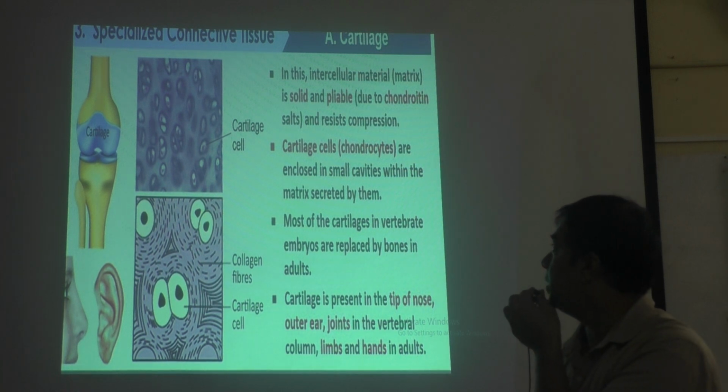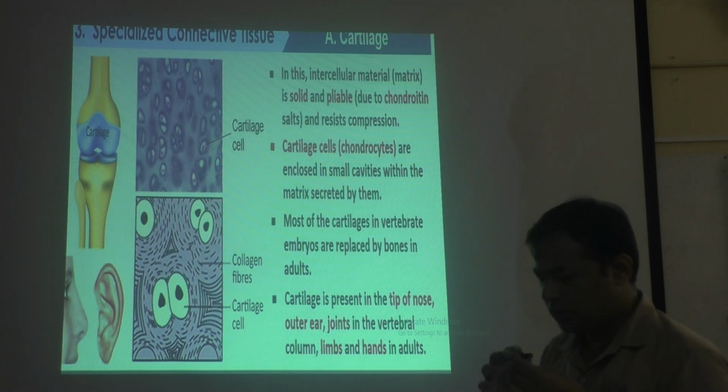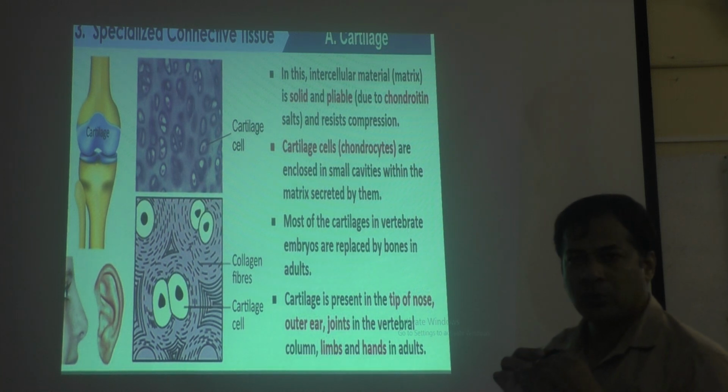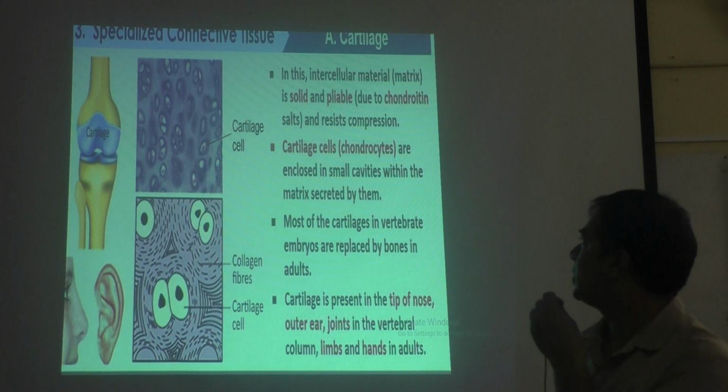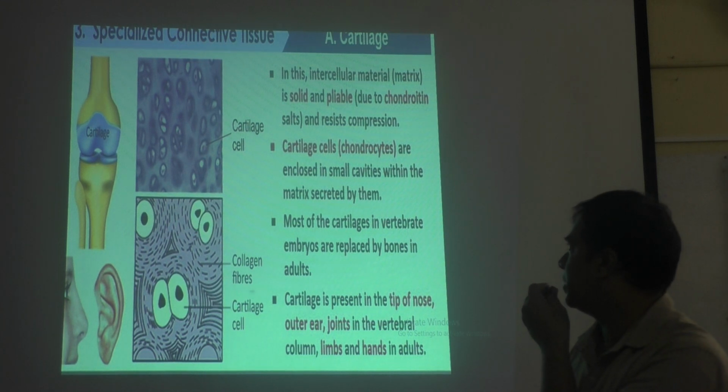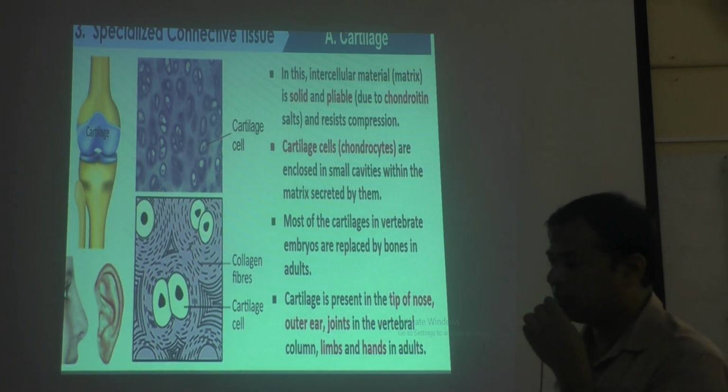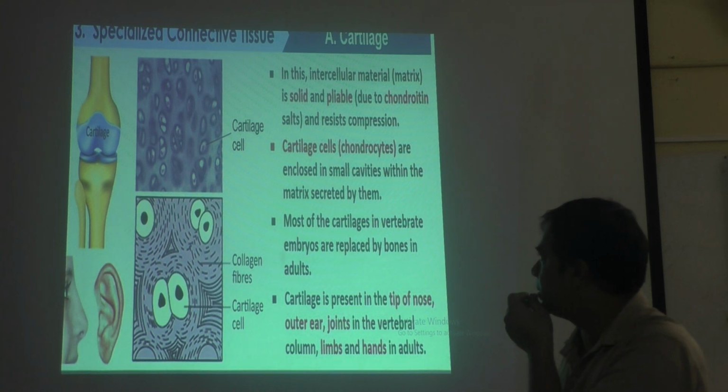That is solid and pliable due to chondroitin salts. Chondroitin salt makes it a little harder, so it looks like bone but is not actually bone. It resists compression, so it comes back to its original position.